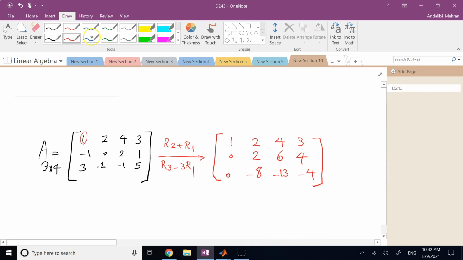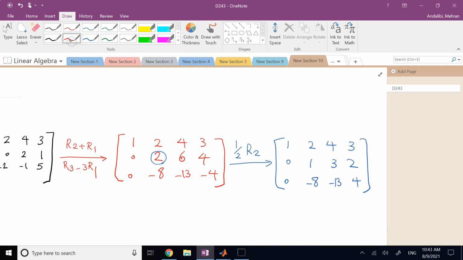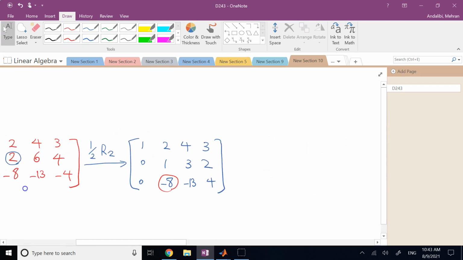Okay, and now I need the leading element in this row to be 1. So first I multiply the second row by 1/2 to convert it into a 1. The first row is intact. The third row is intact. Now I try to eliminate this element, and all I need is to add 8 times row 2 to row 3.